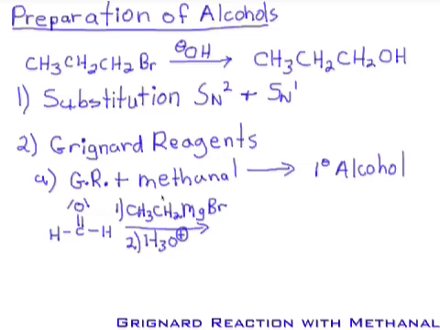The delta minus on the Grignard is attracted to delta plus on the carbon. So the ethyl adds here, then the acid protonates the oxygen. Very nice reaction and yields a primary alcohol.